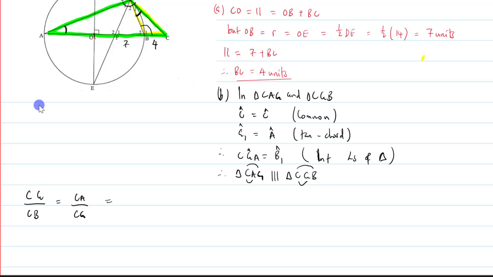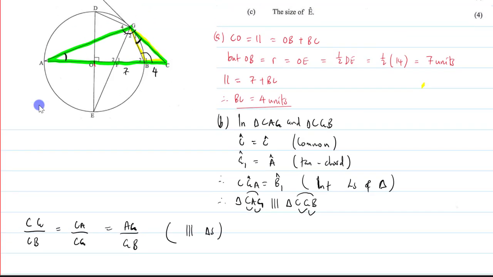And then I will find that the side AG corresponds to the side GB over GB. The reason for this is because of similar triangles. We've proven that those two triangles are similar.